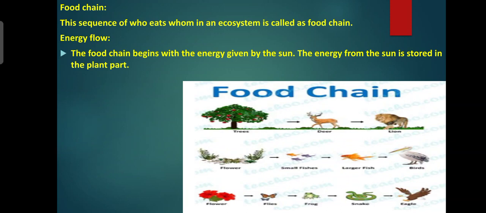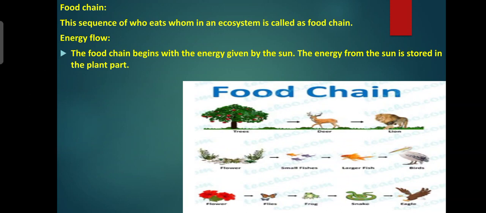Food chain means the sequence of who eats whom in an ecosystem. It describes how organisms get energy and nutrients by eating other organisms. Food chain shows the relationship between producer, example grasses, and consumer, example deer and goat, cow and tiger.